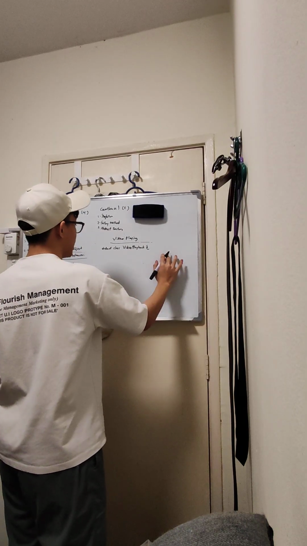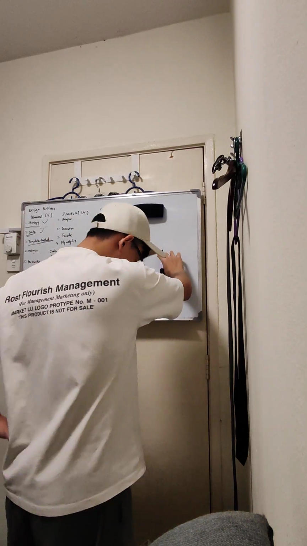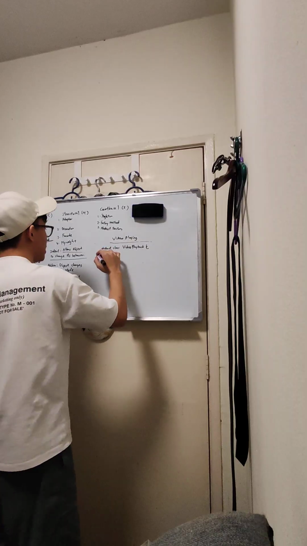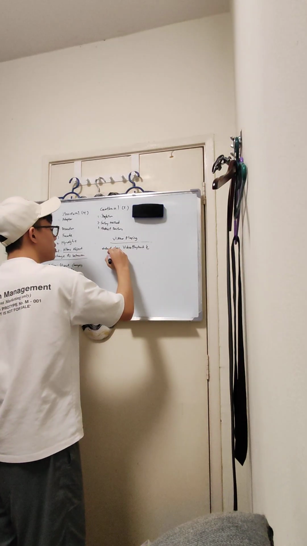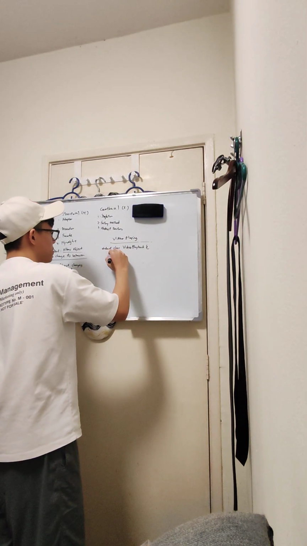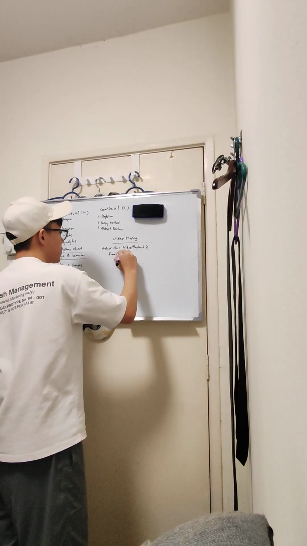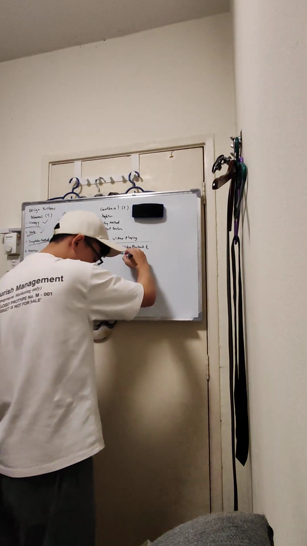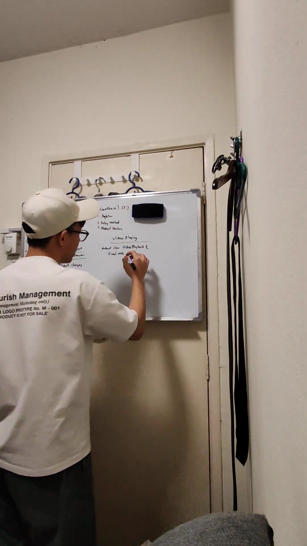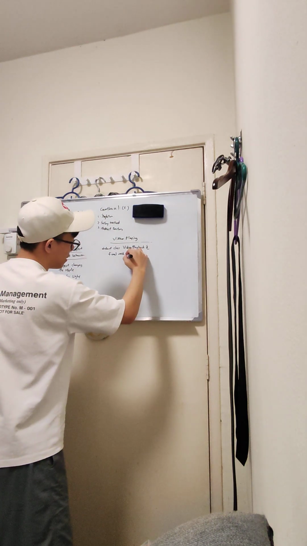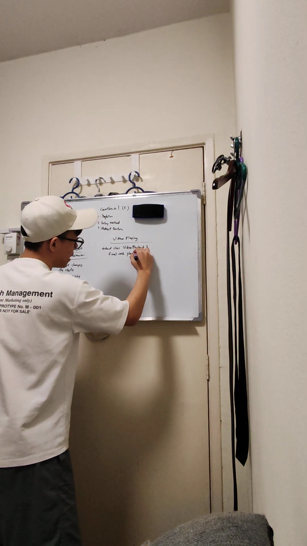Okay, so it's done. We don't want it to change the constant value, so we will set it as a final void. Final void, and then our method. In this case it's play.